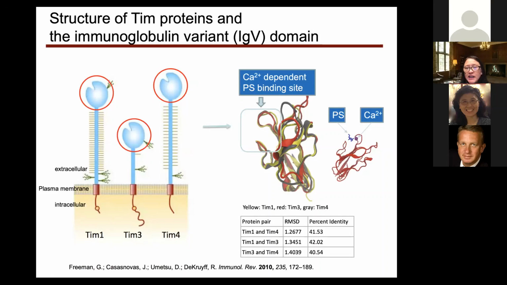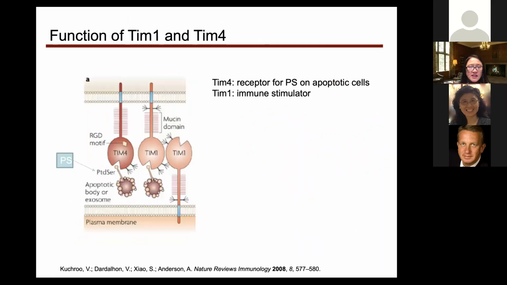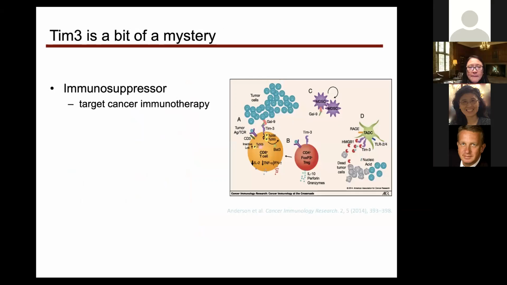In this particular case, they have a single pocket that is dependent on calcium for PS binding onto the surface. There has been different biological work trying to identify the real biological function of the various TIMs, but I won't go through the details.